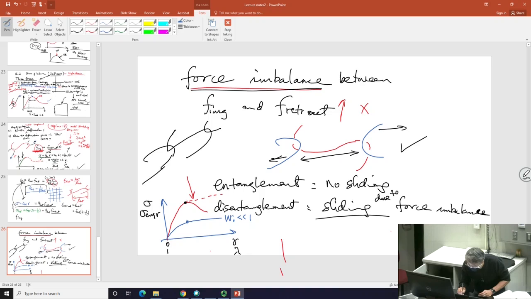This is still a yield point. I call it unforced yield point. Unforced yield occurs because of diffusion.